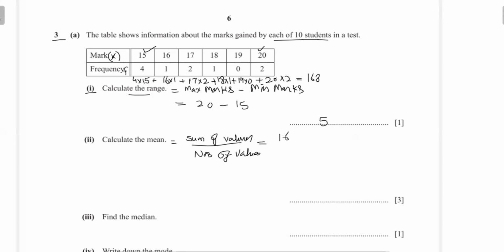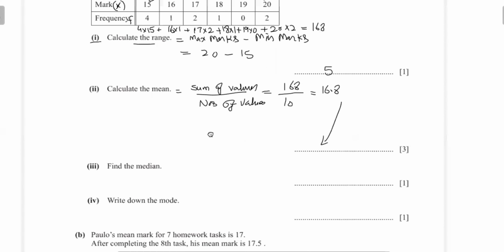The total number of values here is 10, because these are the 10 student marks. Therefore, we write divided by 10. 168 divided by 10 will be equal to 16.8. This is the mean mark value.